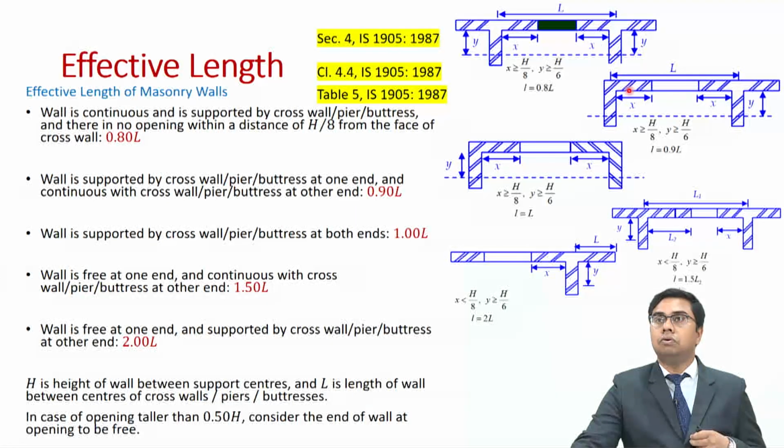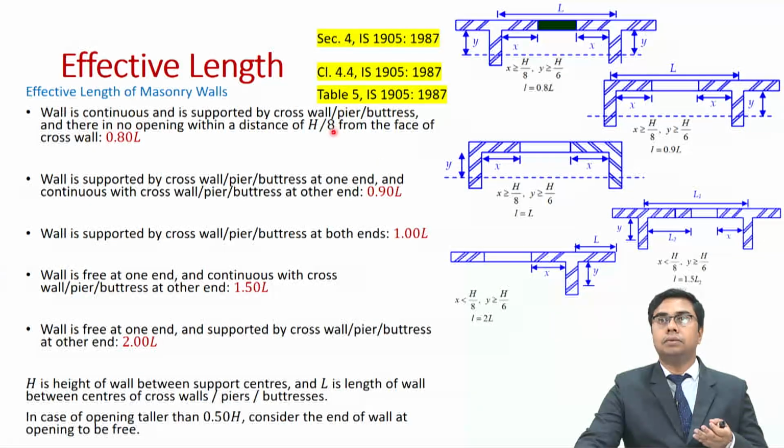Now let us look into the second case, where we have a similar thing, but at one end the wall is not continuous. Here the wall has stopped at the cross wall. It is still supported by that cross wall. So in this case the effective length shall be 90% of the length of the wall.